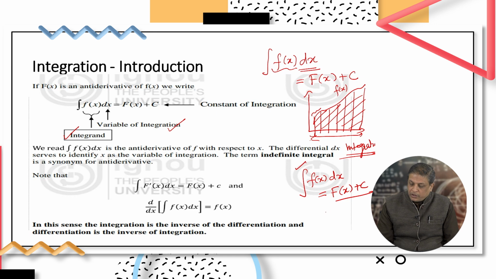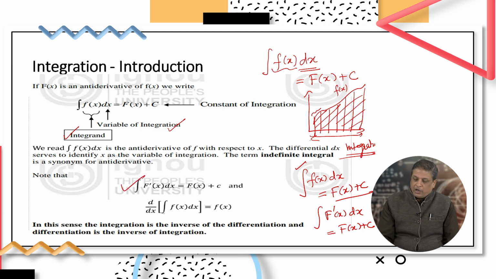The other way around, you can say that the term antiderivative is used for the function obtained by integration. So integral of f dash x dx can be written as f(x) plus c.